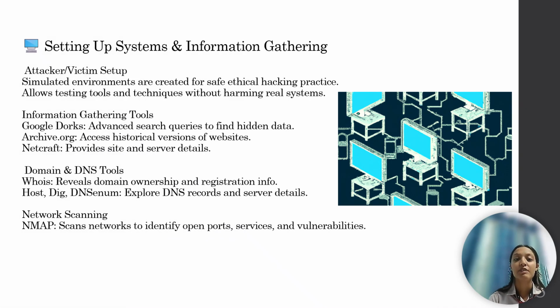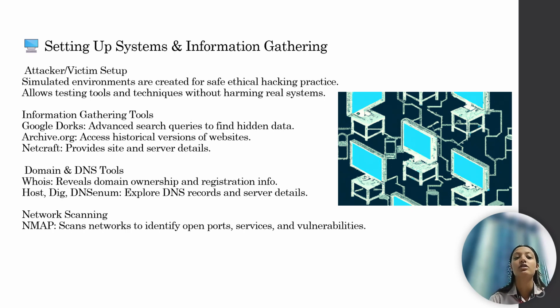Setting up systems and information gathering. Attacker-victim setup: simulated environments are created for safe ethical hacking practice. These environments allow testing tools and techniques without harming real systems. Information gathering tools included Google Docs, Archive.org, and Netcraft.